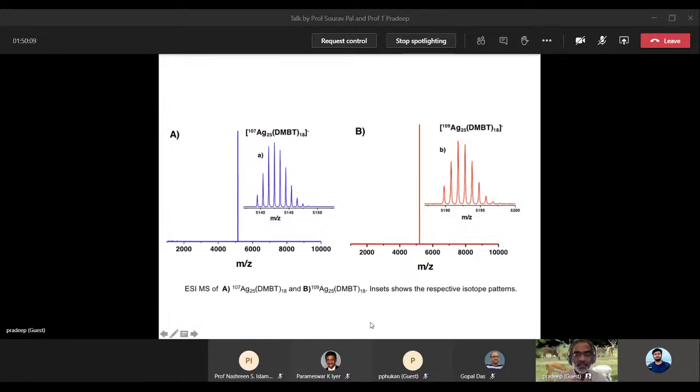You can buy 107 silver from Aldrich Metal, and you can convert it into silver nitrate, and then you can make this particular cluster. And this has a mass peak of 5142. And this is a particular kind of ligand, dimethyl benzene thiol. With the same ligand and 109, the mass peak is 5192. The separation is 50 mass units. That's because of the 25 silver atoms.